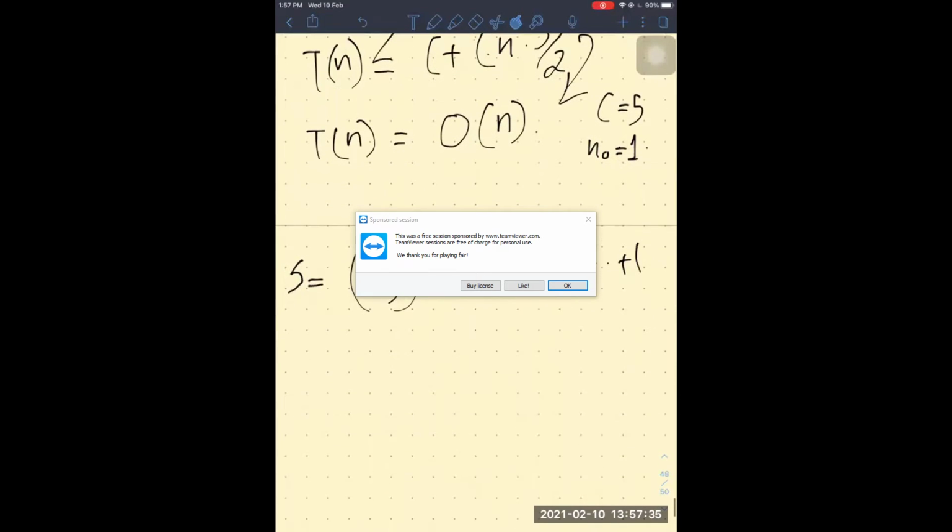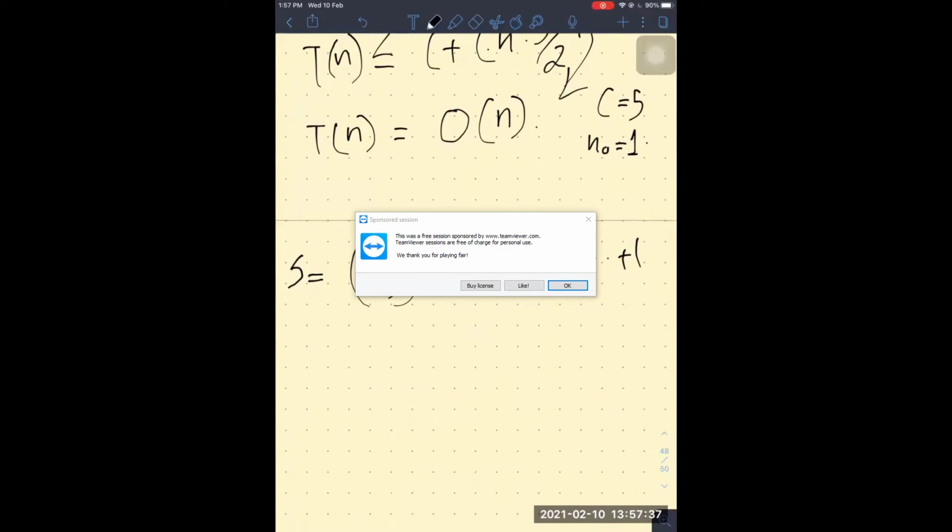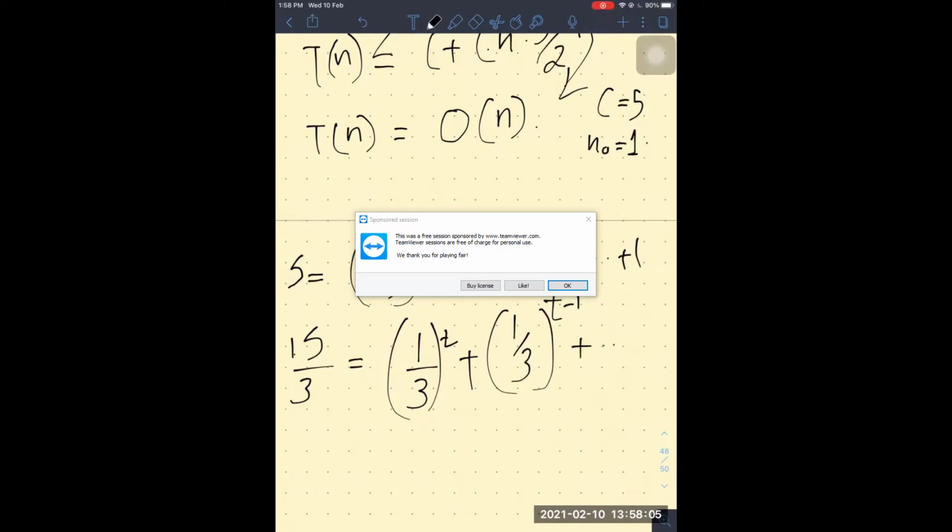and then we will consider 1/3 of that series. We'll just multiply each term by 1/3. Then we will get 1/3 to the power t plus 1/3 to the power t minus 1 plus all the way to 1/3.